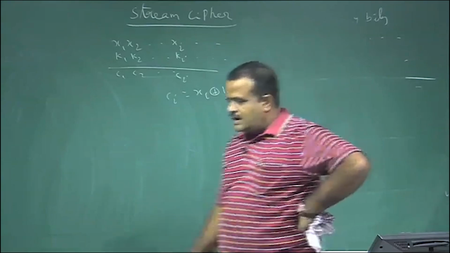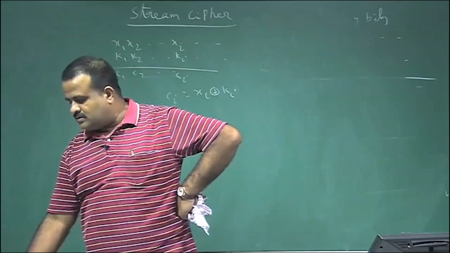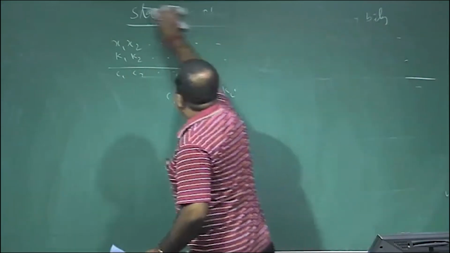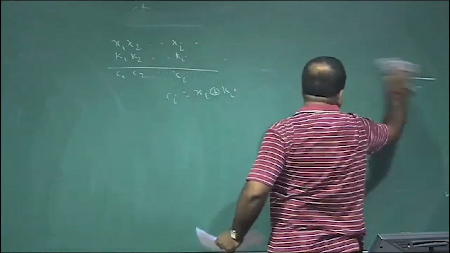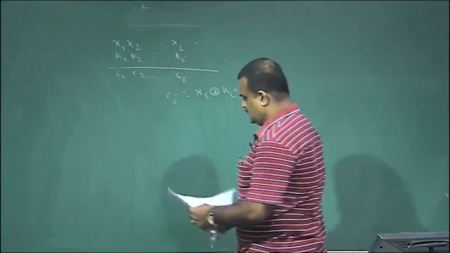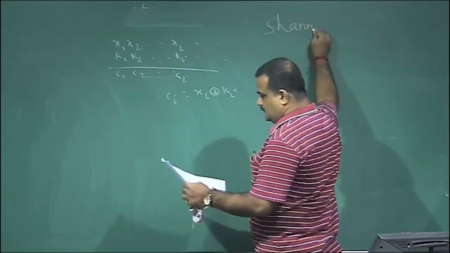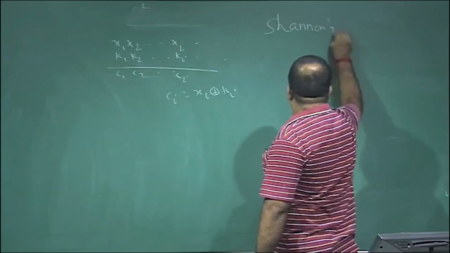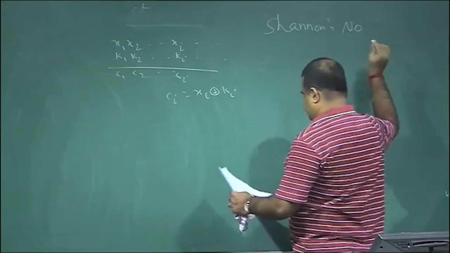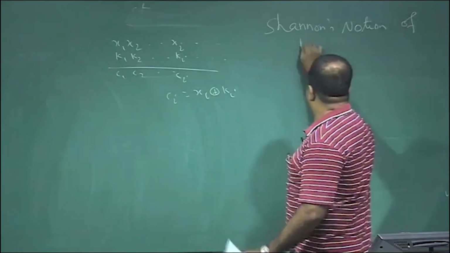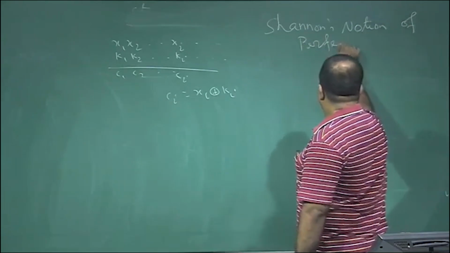Okay. So now we will define the notion of what is called Shannon's notion of perfect secrecy, or a perfectly secure cipher.